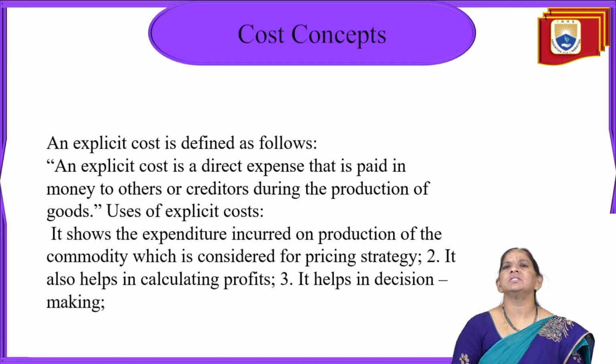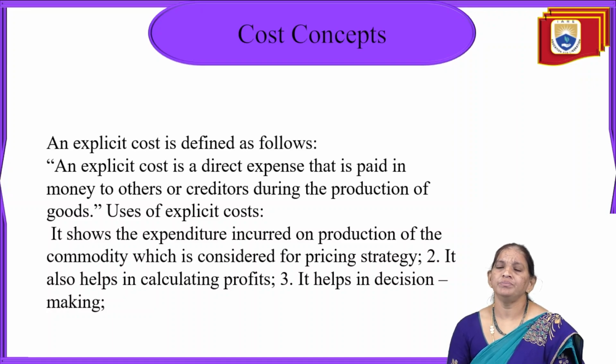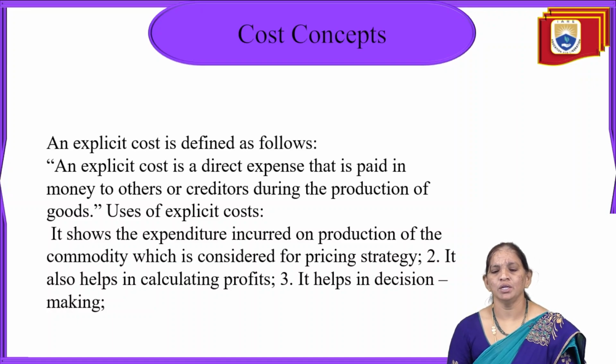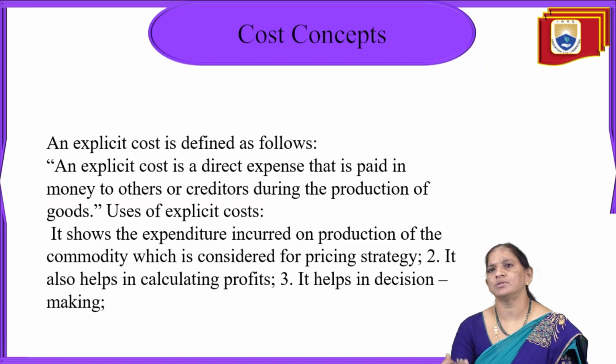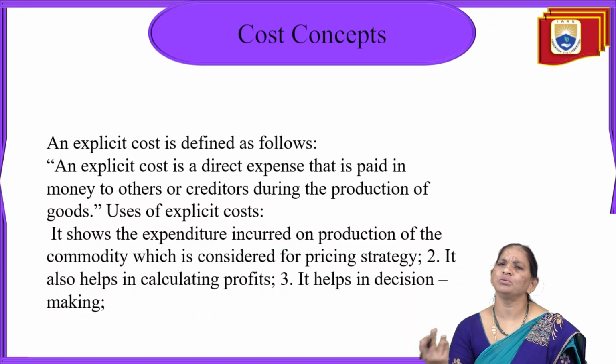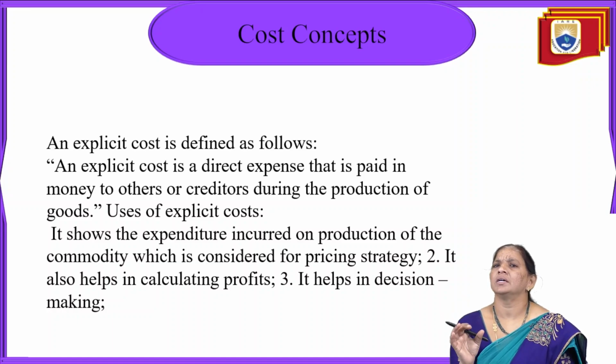So let's see the definition of explicit cost or direct cost. An explicit cost is a direct expense that is paid in money to others or creditors during the production of goods. In the regular process of production, where we pay directly to any factors of production or to any creditor, we'll call it explicit cost.